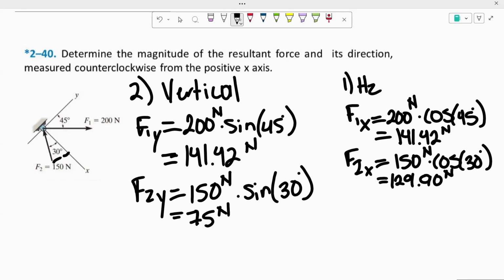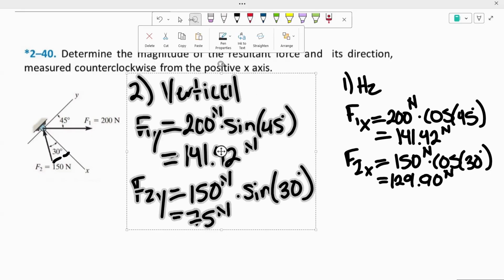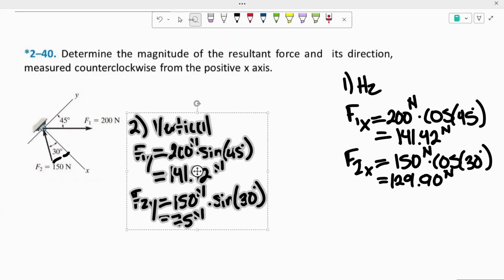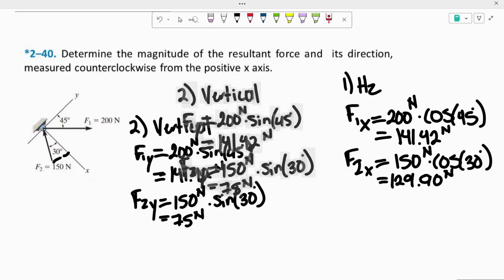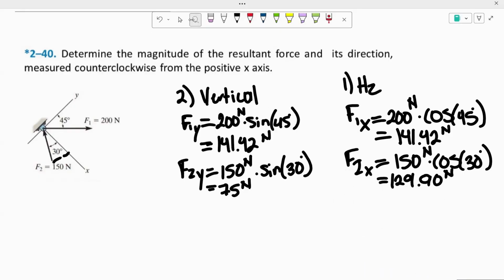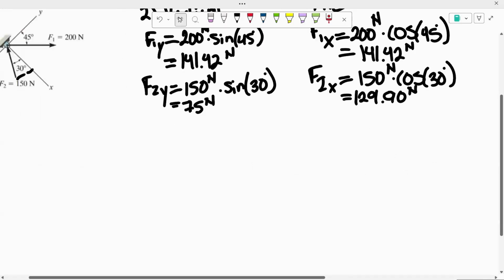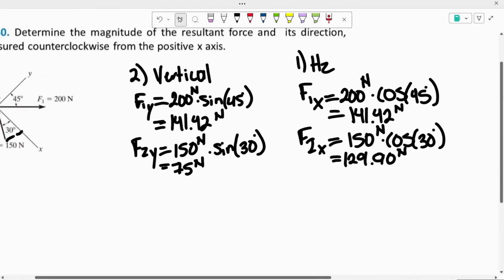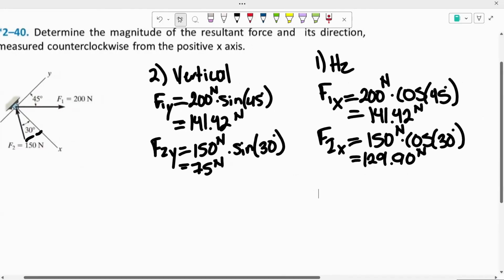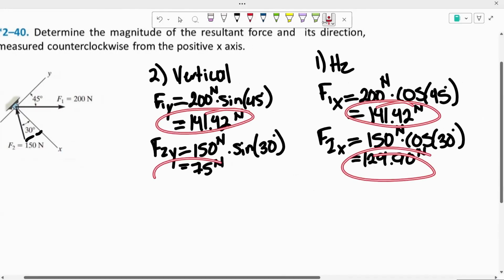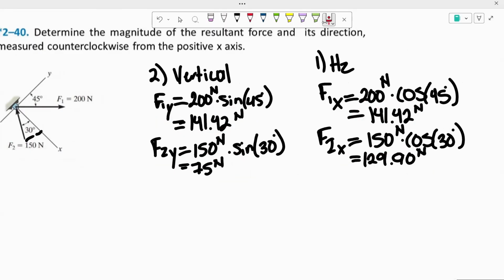So now that we found our horizontal and vertical components of each force, we're going to try to find the net horizontal and vertical components. Oh, we forgot to do one thing. Now that we found the forces in horizontal and vertical components, we have to find the direction each is going in.